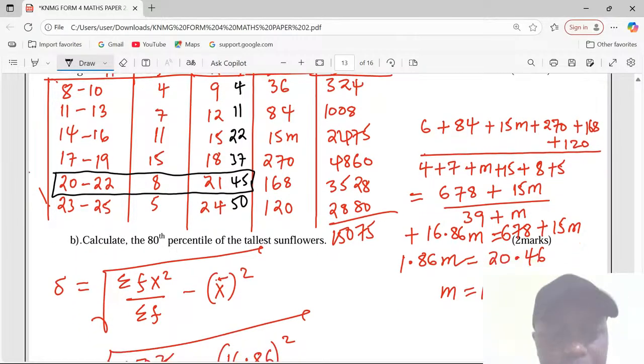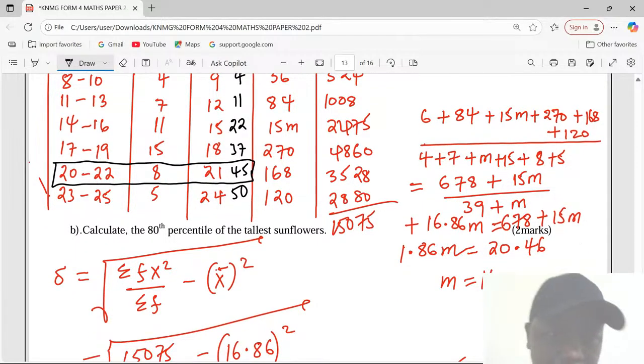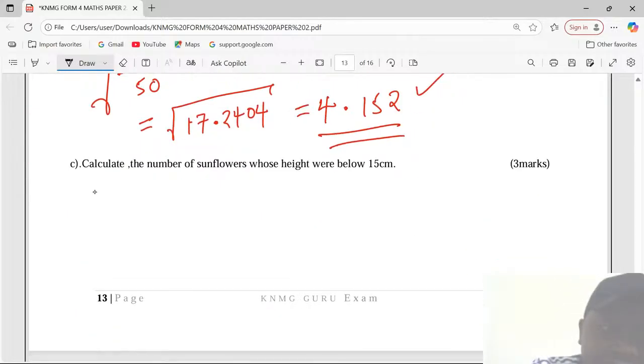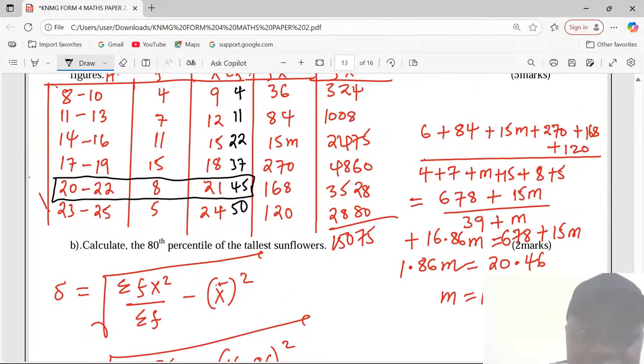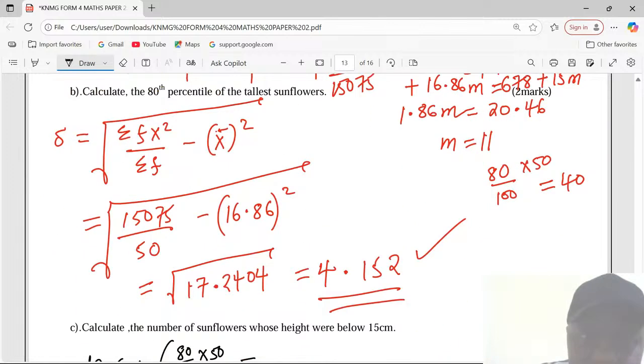So the lower boundary of that class, we use the formula: 19.5, the lower boundary, plus 80th percentile of 50 minus cumulative frequency just before this class, which is 37.